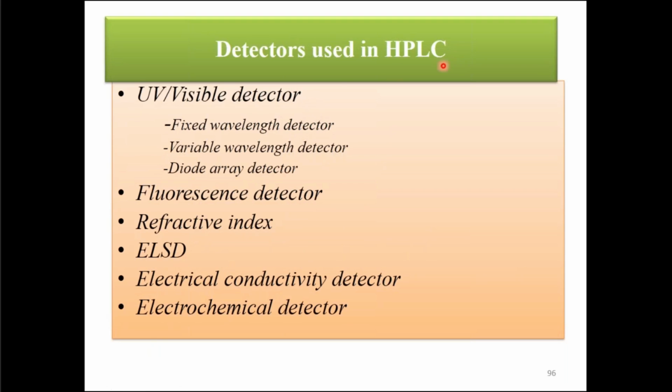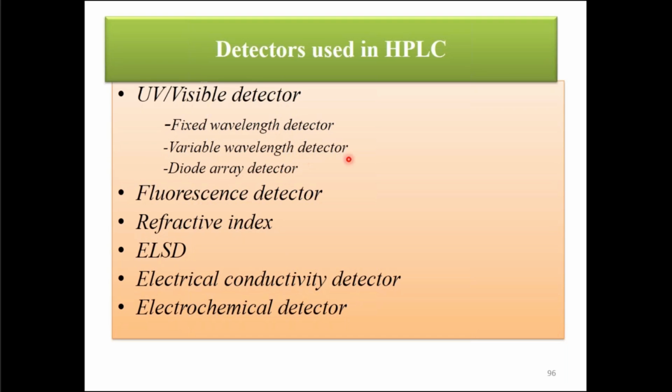Now we see each of these detectors. UV visible, these are the detectors that we will be studying. UV visible detector, which could be a fixed wavelength detector, variable wavelength detector, and diode array detector. As the name implies, you will be using the fixed wavelength detector at only one wavelength. So you will have a source in that detector, a source of light, which will be giving radiation of only a particular wavelength.